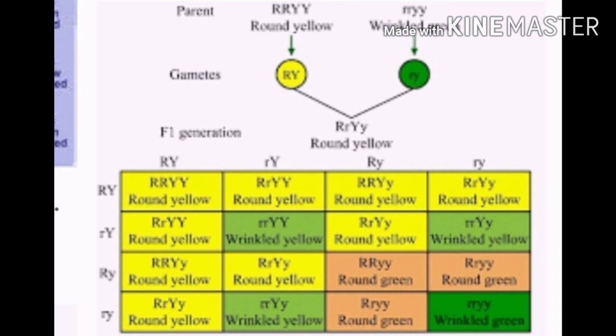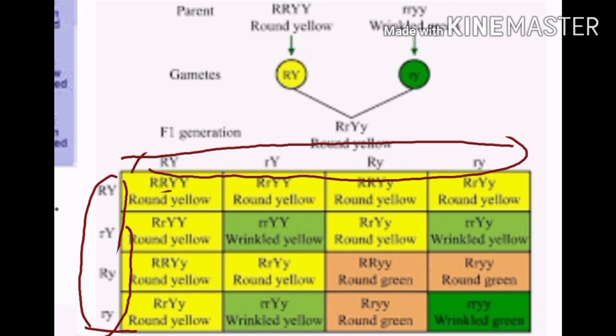Students, here I will be explaining how the self-pollination of F1 generation progenies having the phenotype round and yellow colored seed and genotype capital R, small r, capital Y, small y is undergoing and producing different types of progenies of the F2 generation. You can see in this checkered board, the encircled parts are the gametes of the F1 generation.